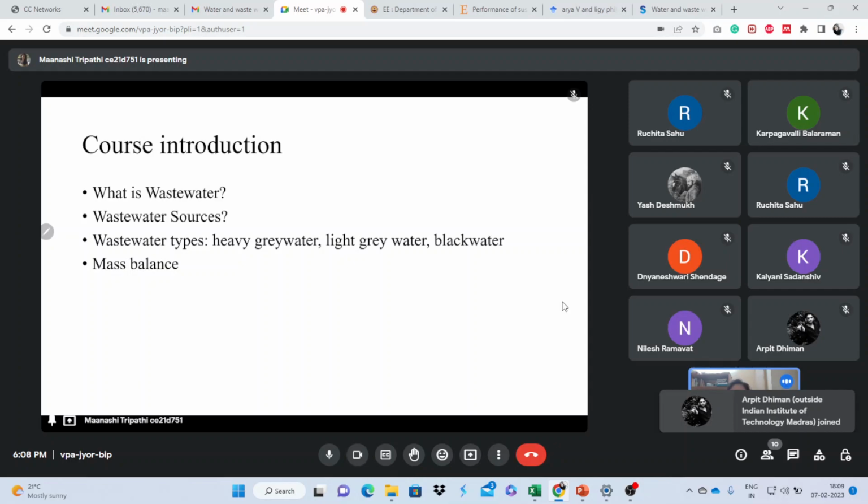And the same goes for heavy and light grey water. If the organic content is very high, it's heavy grey water. If the organic content is a little less, it is light grey water. In the same sense, we have yellow water, which means it will contain urine. So there are various types of wastewater that we can define.